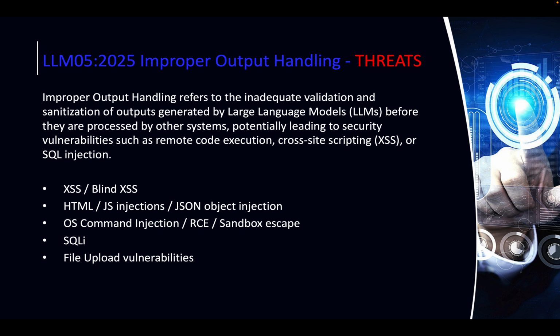Another one is JSON object injection, for example. So if you are able to prompt the model and then it creates a JSON object, that should be covered, well, first of all, by input handling, but then as a second guardrail, the output handling should catch that, right?